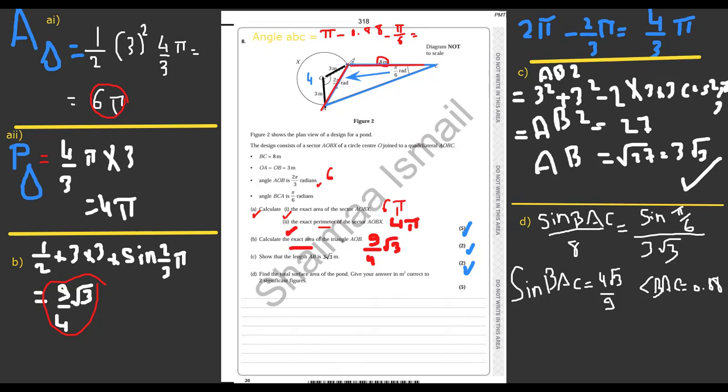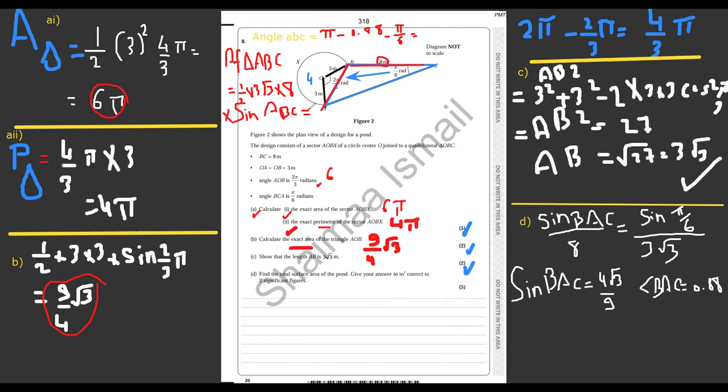Okay, and we get the area of this triangle. The area of triangle ABC will be equal to half multiplied by 3 root 3 multiplied by 8 multiplied by sine ABC.